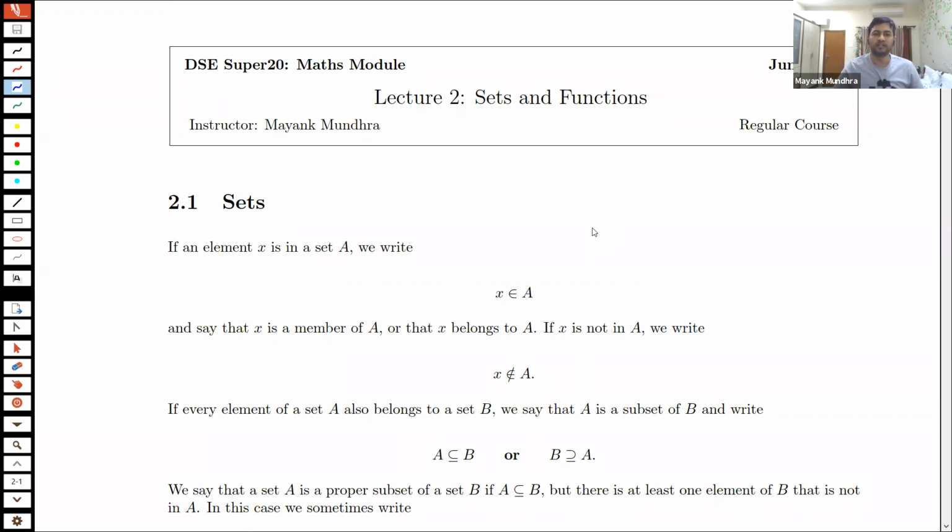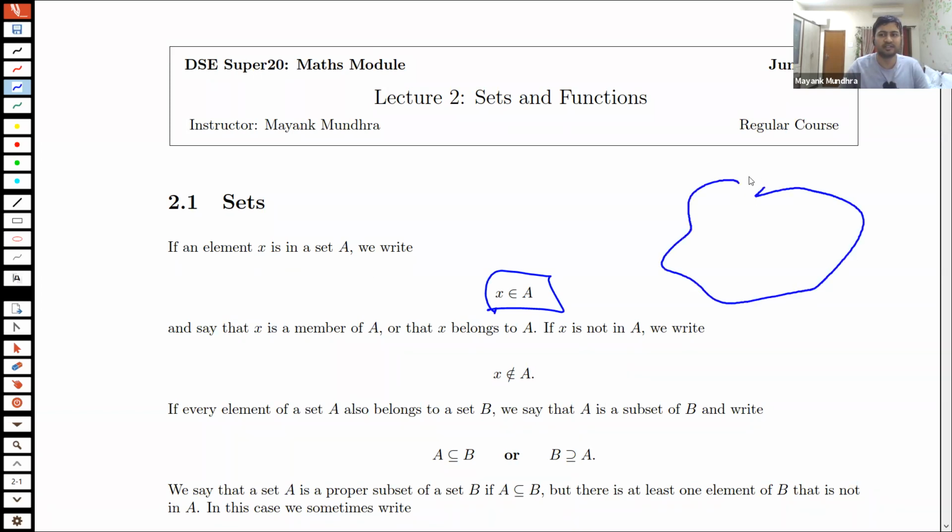So sets are basically a collection of any object. You could have a set of trousers, a set of shirts, anything is possible. Now, when some element X is in a set, we represent it as X belongs to A. So this is some set A, and X is a member of this set. So X belongs to A is the way we write it.